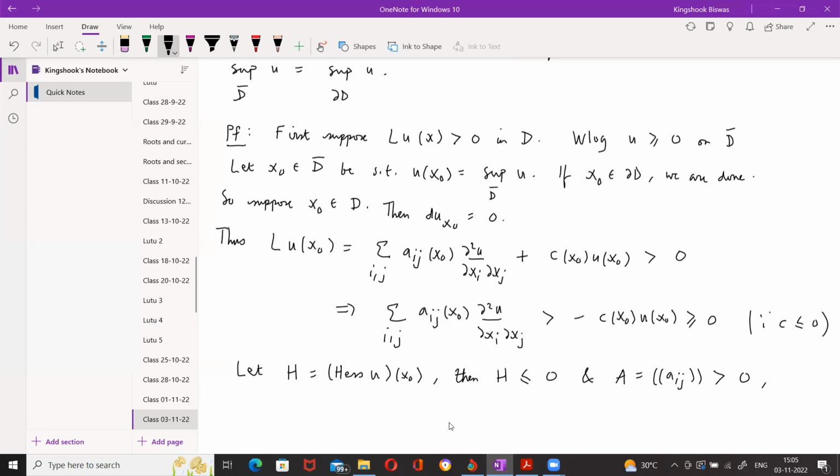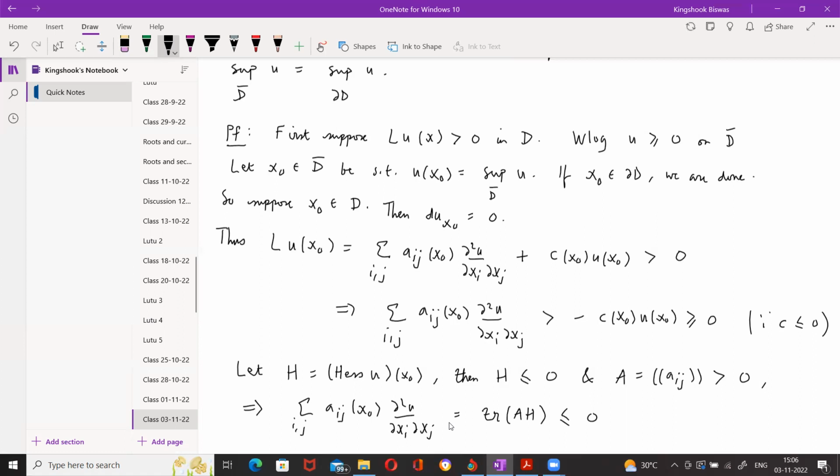This sum, the sum of aij of x naught times del squared u over del xi del xj, is equal to the trace of AH, right? But H is less than or equal to 0 and A is positive, so this is going to be less than or equal to 0. But that's a contradiction because here I'm getting that this is strictly positive.